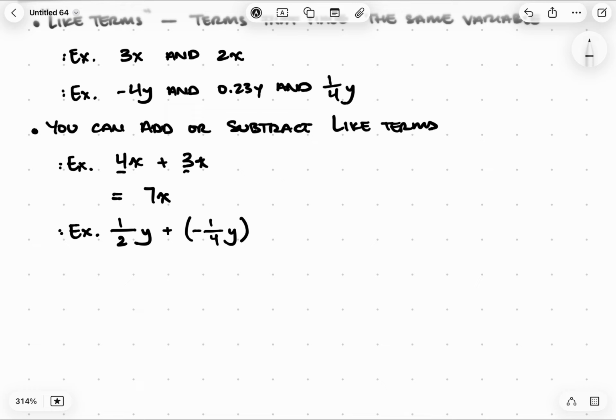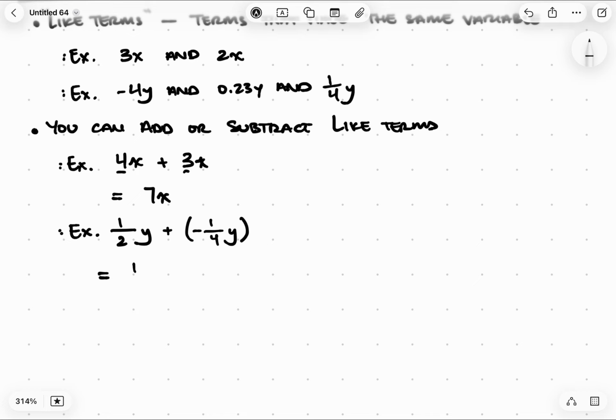So again, I'm going to treat it like I have half of an apple and I'm adding a negative quarter of an apple. You could see how you would just let the units aside for a second. You wouldn't focus on them too much. So don't worry about the y's, but instead I'm going to treat it as if it's 1/2 plus negative 1/4.